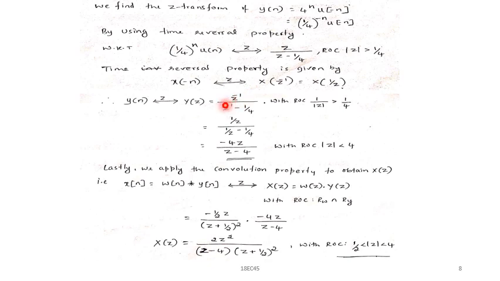So z inverse divided by z inverse minus 1 by 4, with ROC 1 by mod z greater than 1 by 4. I'll simplify this, 1 by z divided by 1 by z minus 1 by 4, and here I'll get the answer as minus 4z divided by z minus 4, with ROC mod z less than 4.